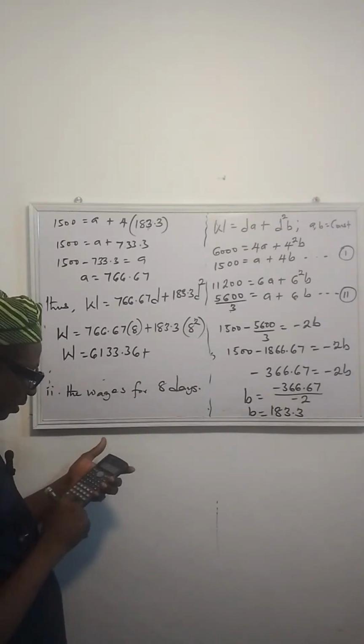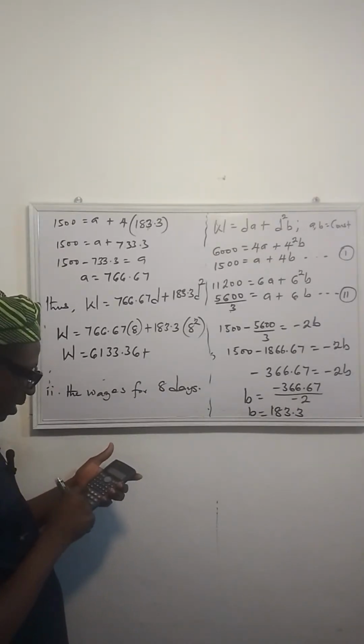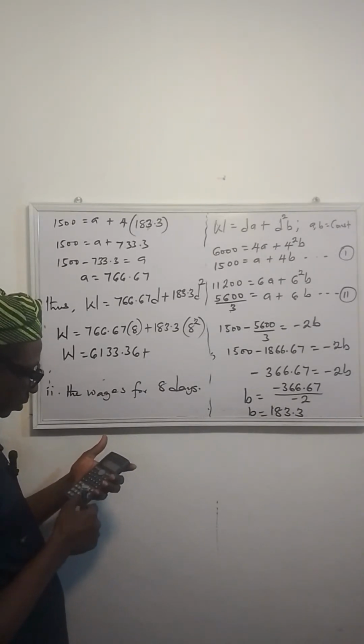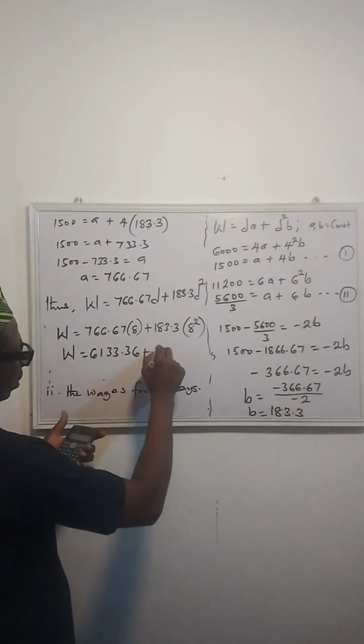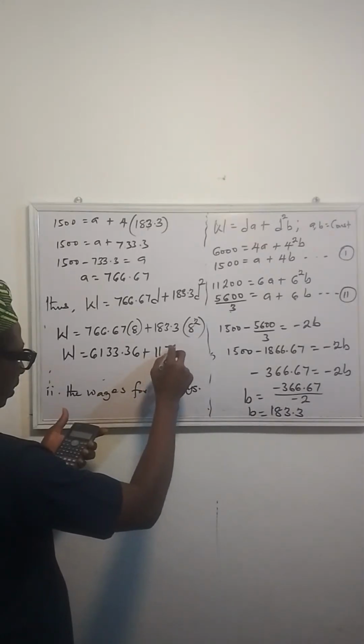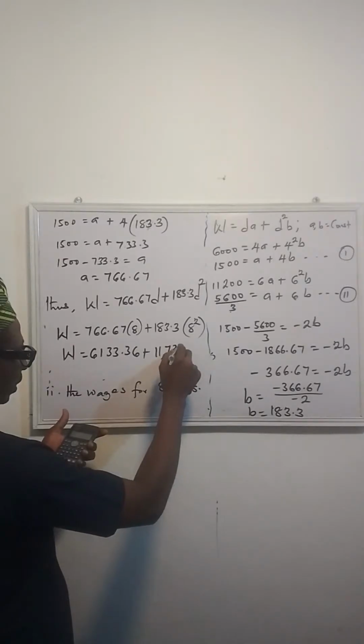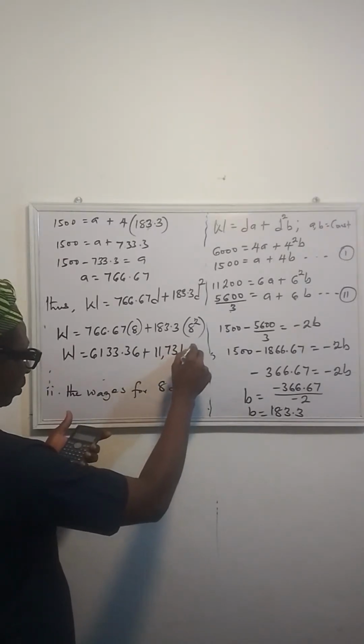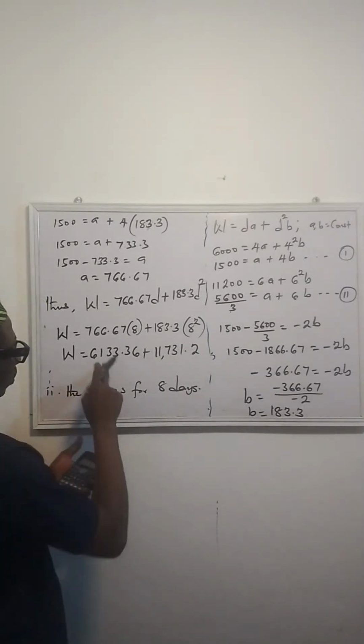So we have 64 times 183.3. So what do you have? 11,731.2. Okay, so that's what you have with this.